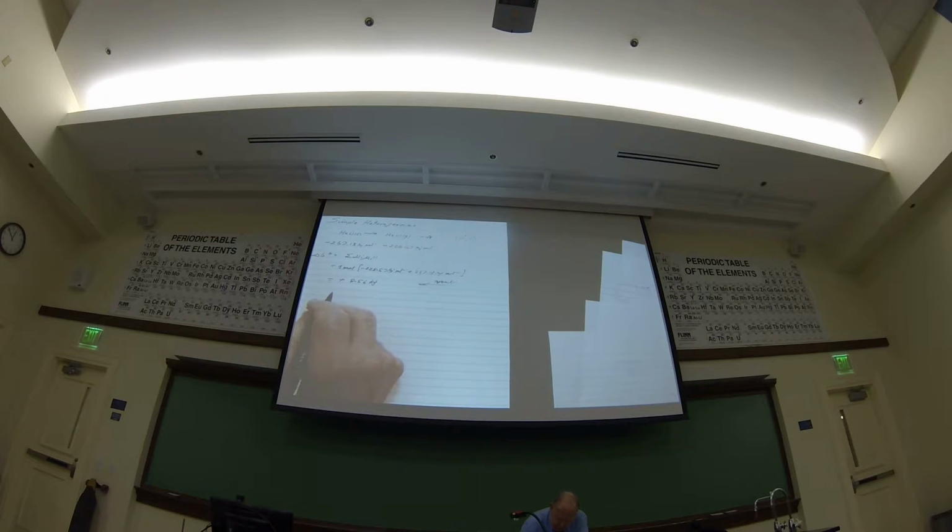All right. So delta G0 is equal to minus RT log of K, and K is equal to e to the minus delta G0 over RT.